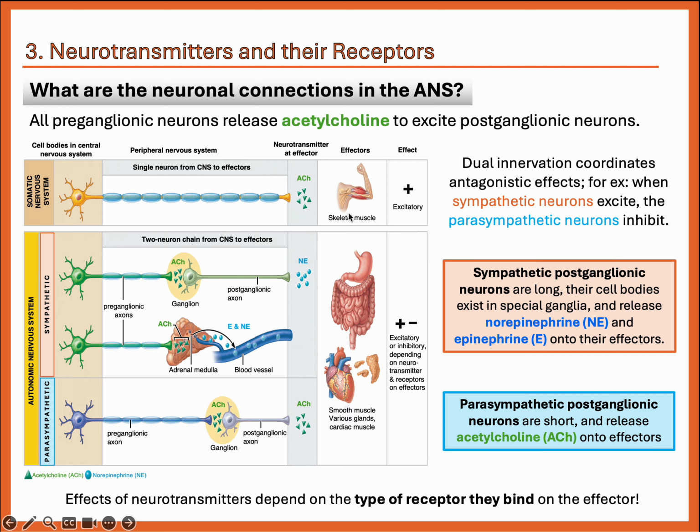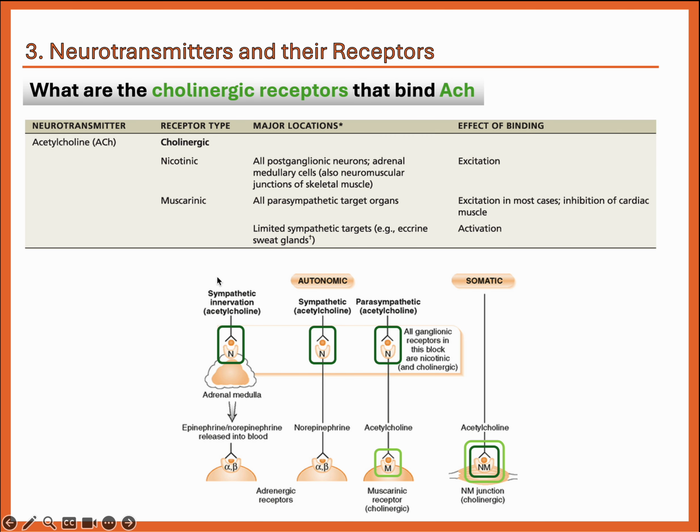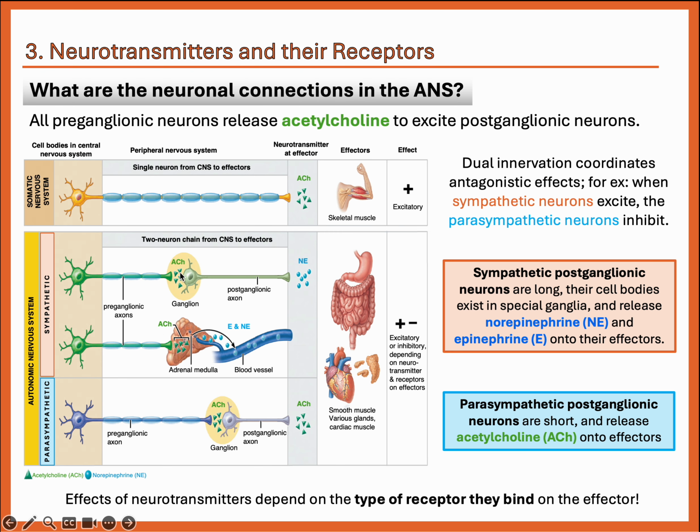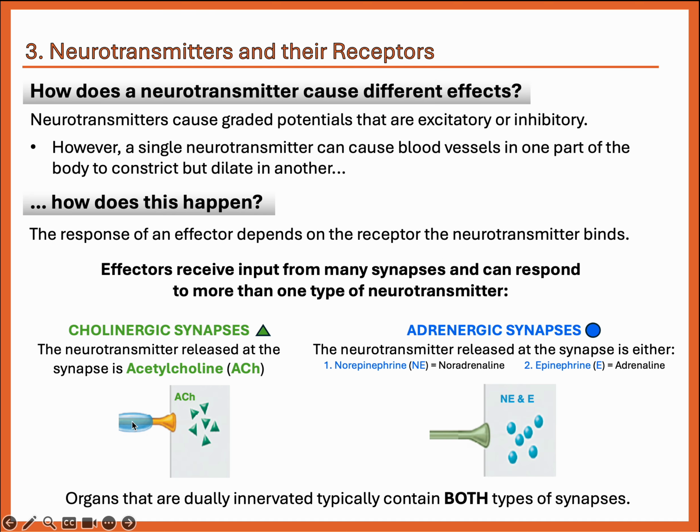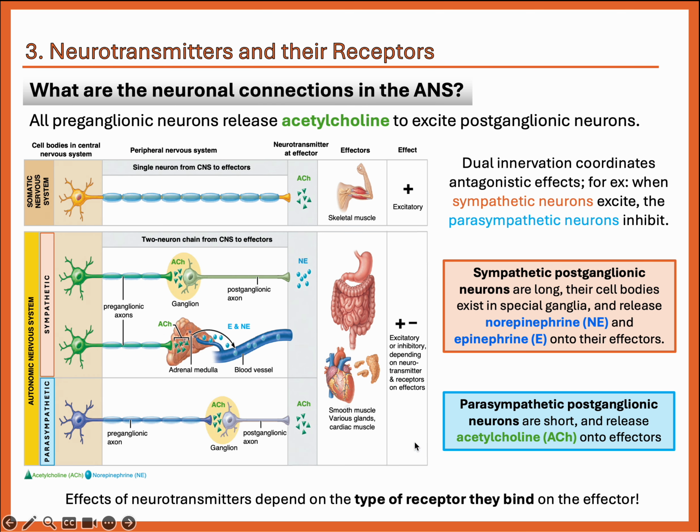Remember, acetylcholine excites, so this will excite the postganglionic neuron. And in the sympathetic nervous system, what gets released is norepinephrine, as the neurotransmitter. We'll talk about that later. So this is an adrenergic synapse. If I go back: acetylcholine, cholinergic; norepinephrine, adrenergic. So in the sympathetic, we release norepinephrine.